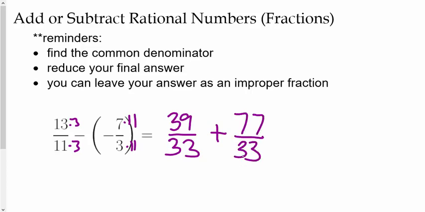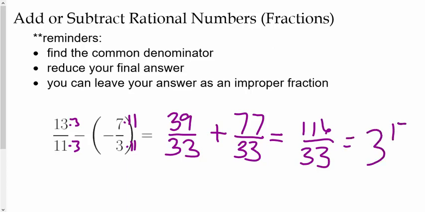So I have 39/33 plus 77/33. 33 is my denominator. 39 plus 77, that is going to get me 116. And I have 116/33. 33 goes into 116 three times, and there are 17/33 left.